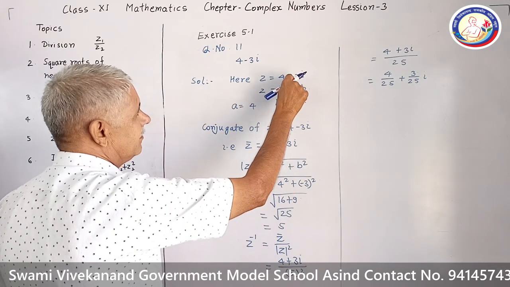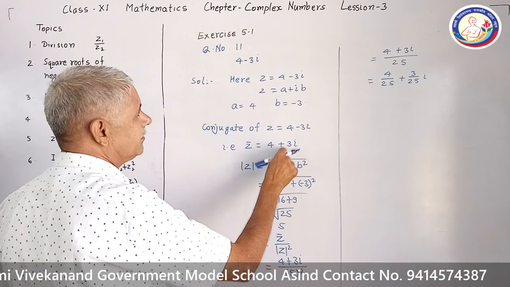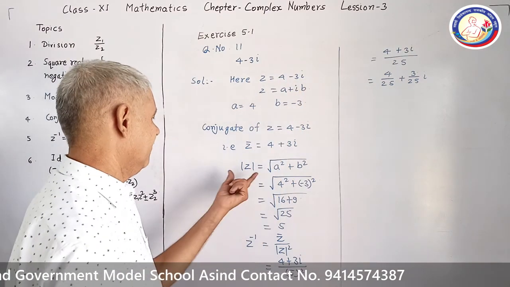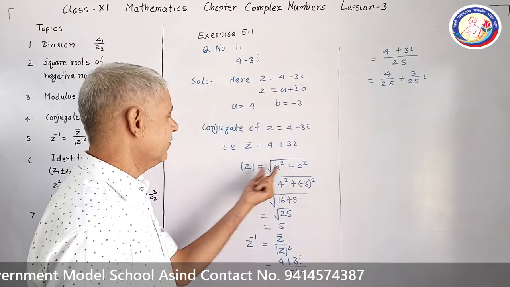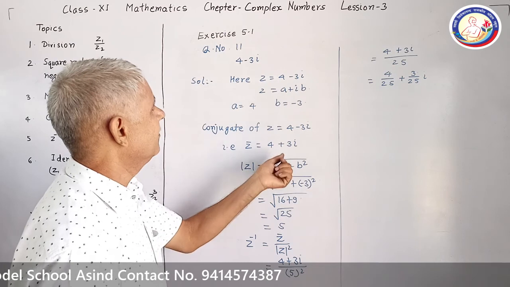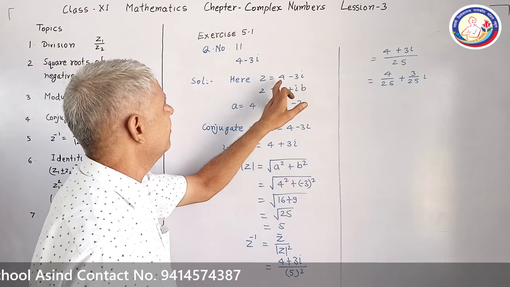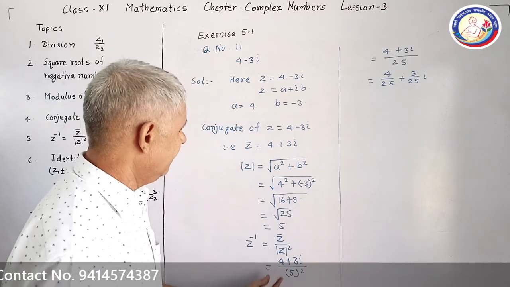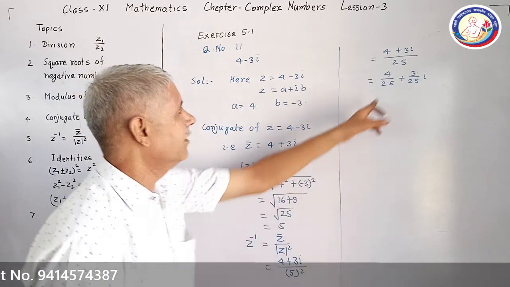Here we have turned it from minus to plus. Then find the modulus of this complex number z. Remember, we have to find the modulus of this number. And if we substitute the values, we will get this answer.